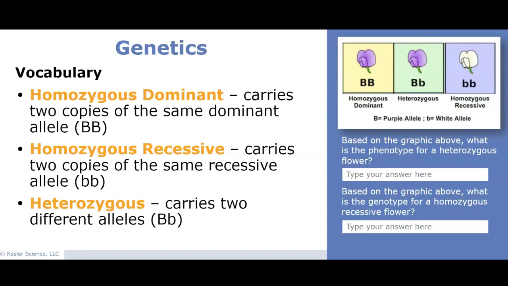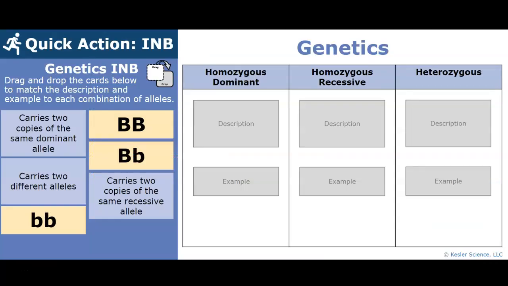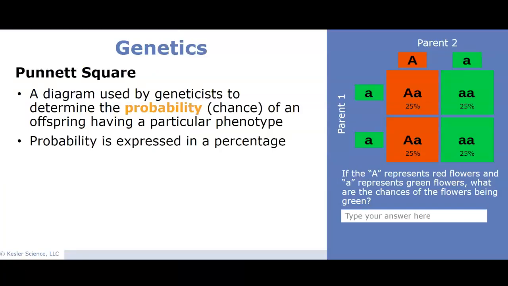Answer the 2 questions on the right. Now, here you have descriptions and examples. The blue boxes are the descriptions. The yellow boxes are the examples. So you're going to put the correct definition under each heading and then the correct example.